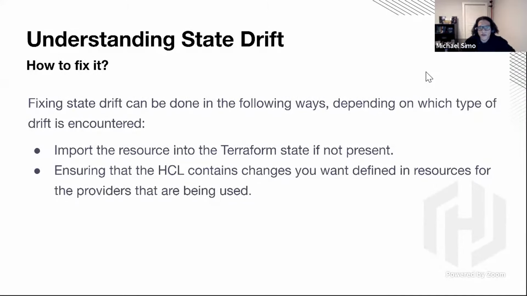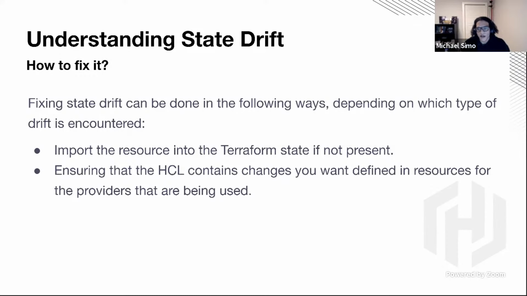Cool. So now that we have Terraform state, we understand what it is, and we know how state is stored and how it can be stored in a backend. How do you fix it, right? So if you identify drift in state across one of these projects and you see changes or modifications, what do you do?